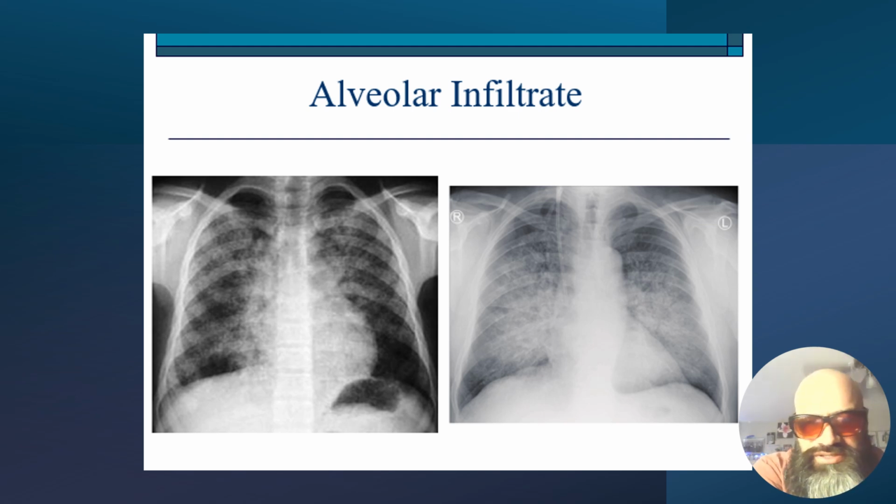So when you start seeing these particular patterns, these fluffy round-like patterns that are localized to particular regions in the lungs, you're going to notice that these are alveolar infiltrates. Okay, anytime you lose the costophrenic angles, there is an issue with fluid density basically setting up camp where it shouldn't be.